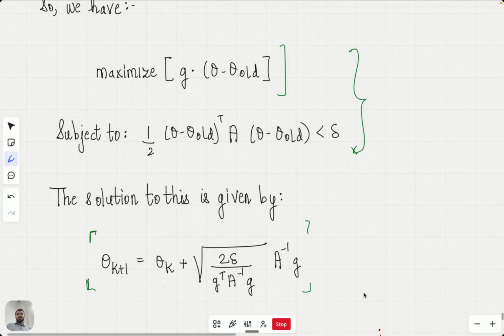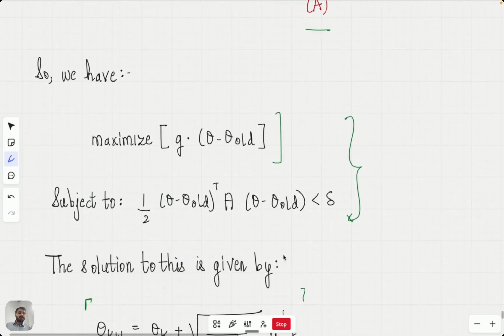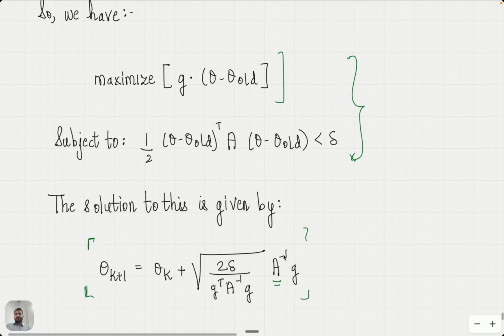The main problem with this formulation is that calculating the inverse of this Fisher information matrix is not straightforward. And people use a technique called conjugate gradients to calculate this inverse, but it is a tedious step. And this is one of the drawbacks of trust region policy optimization, that when you reach towards the end, you get a matrix whose inverse is hard to calculate, even though the conjugate gradient method exists and it simplifies this calculation to some extent.